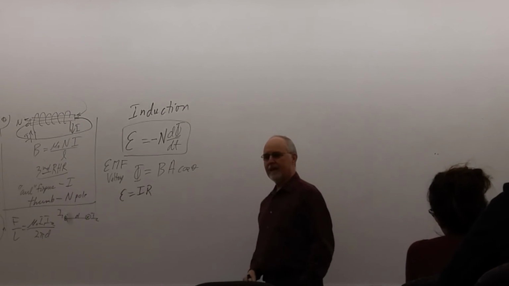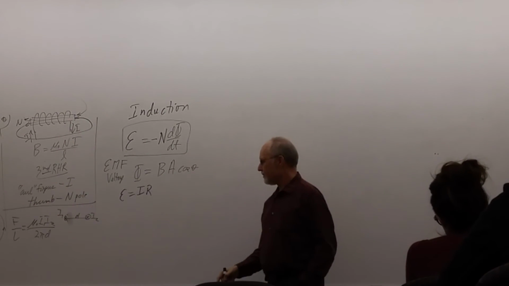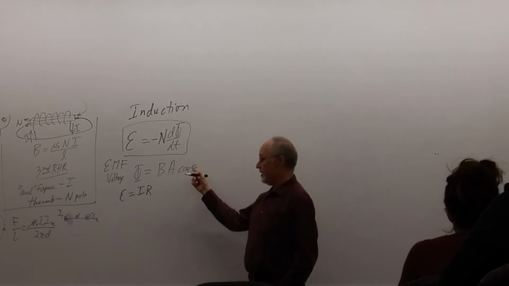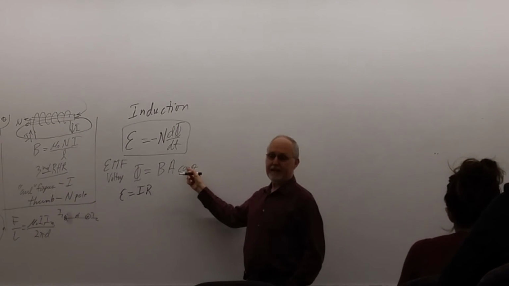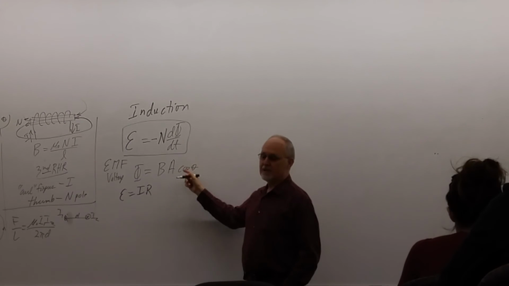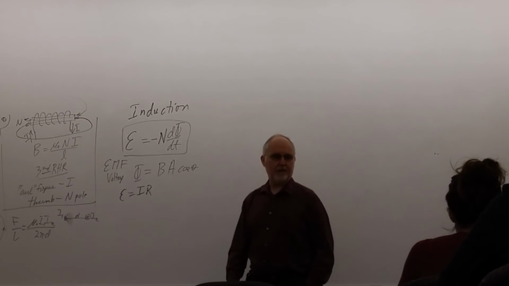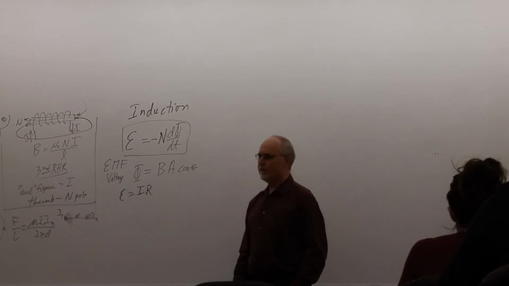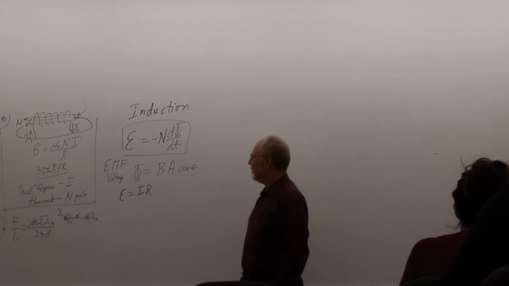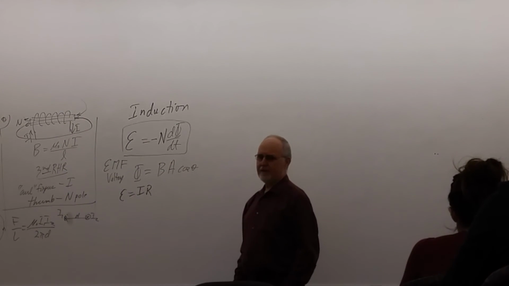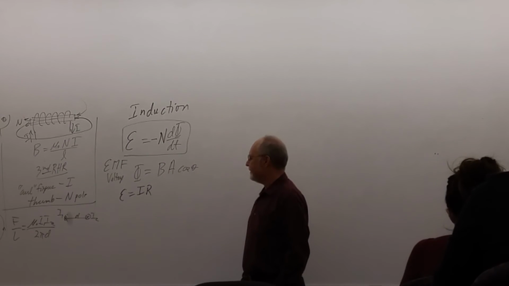And again, with electric generators, what's changing with time there is the angle between B and A, which gets you into the alternating currents that we'll talk about hopefully Wednesday. So that's Faraday's law of induction, and that's probably a good place to stop.